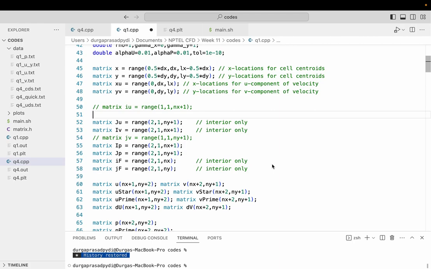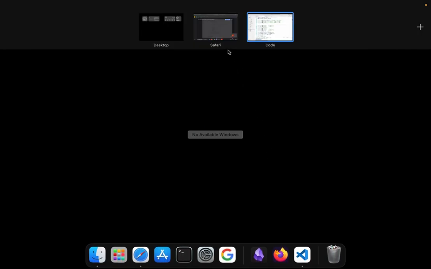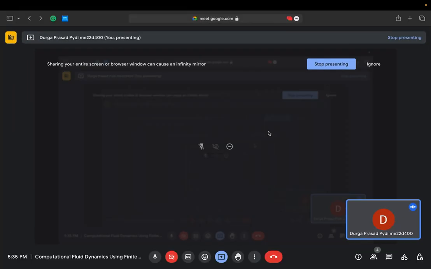I can actually see it on my other device. No, sir, it's not visible now. I can actually see through another device that my screen is visible. Can you try leaving and joining again?